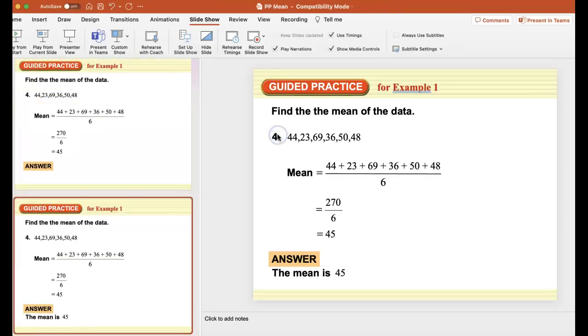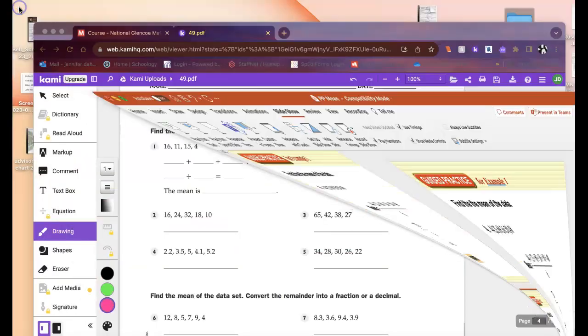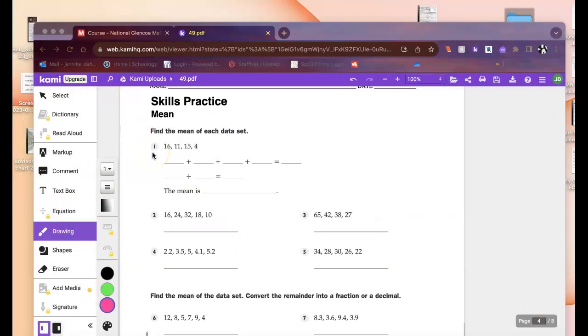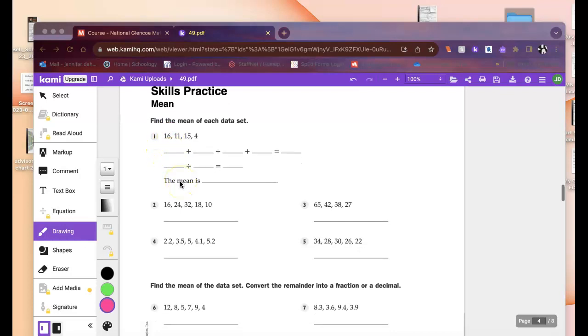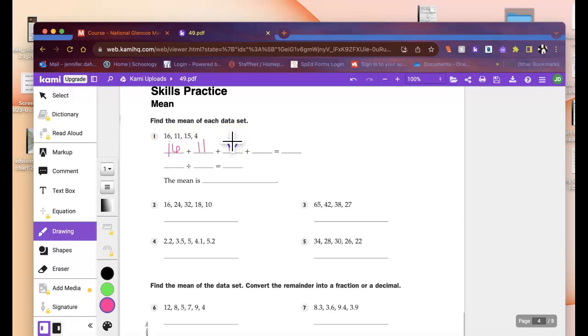Okay, so I wanted to show you what your assignment will look like today. And here it is. It's called Skills Practice on Mean. I'm just going to show you the first one. You would take 16 plus 11 plus 15 plus 4, okay?